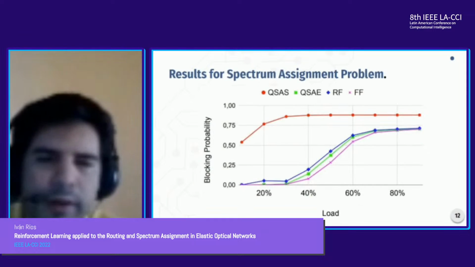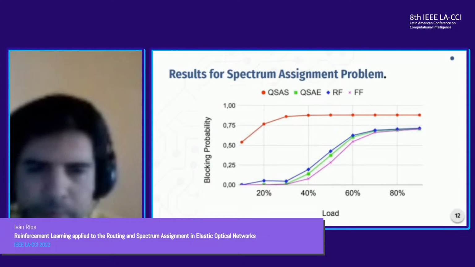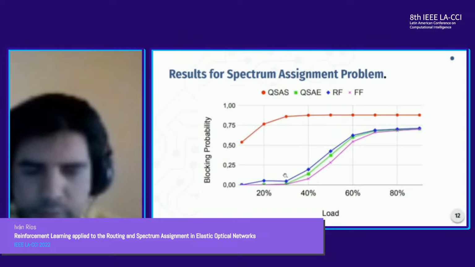As we can see in the next figure, QSAE is superior in performance to the RF heuristic at all loads, low, medium, and high. However, QSAS ranks last. Additionally, we observe that the FF heuristic is the one that achieves the best result in any load.